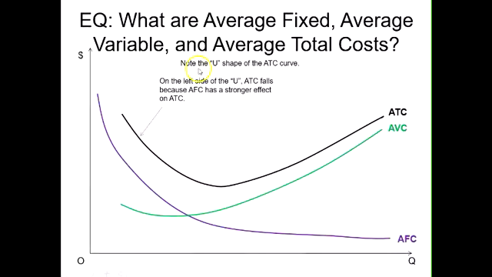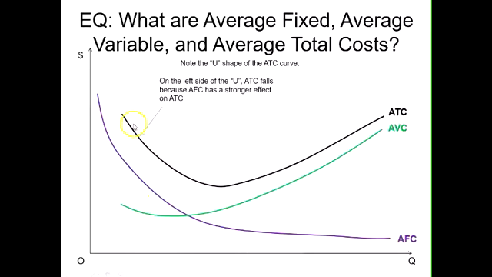Now notice that the average total cost curve is U-shaped. On the left side, average total cost is falling because average fixed cost has a stronger effect on average total cost. Because average fixed cost is really high, it's pulling up the average cost.